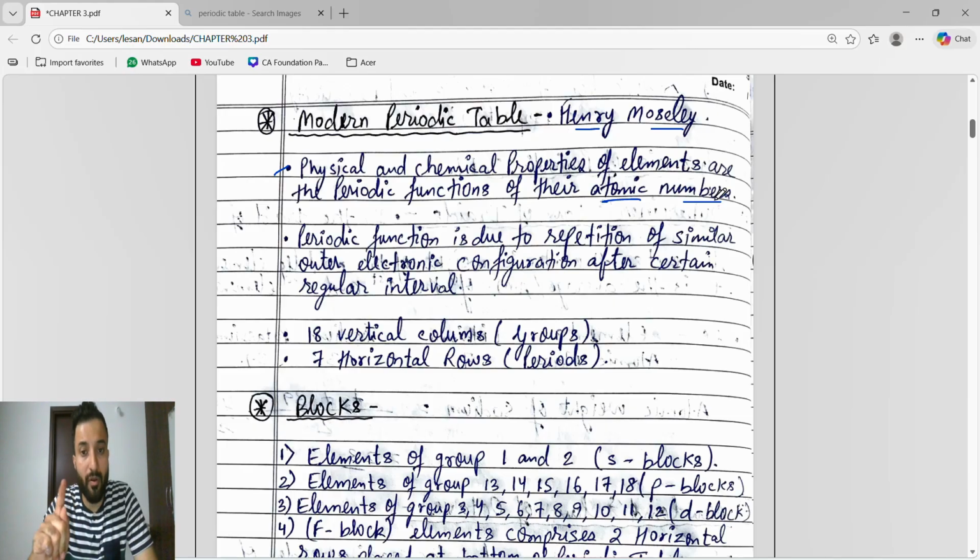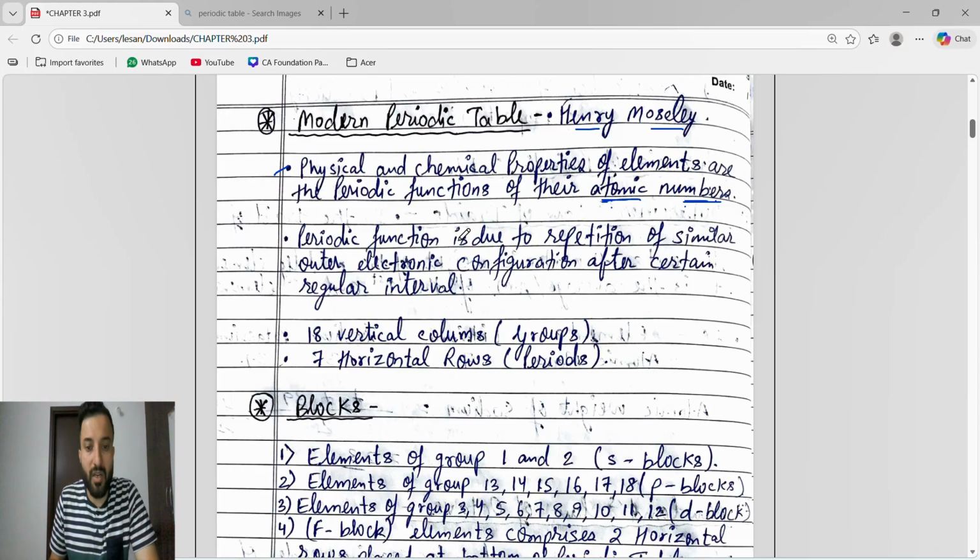So why did the modern periodic table succeed? The reason is Henry Moseley used the atomic number. He didn't use atomic mass. So the main reason it succeeded is that it used the atomic number in place of atomic weight.